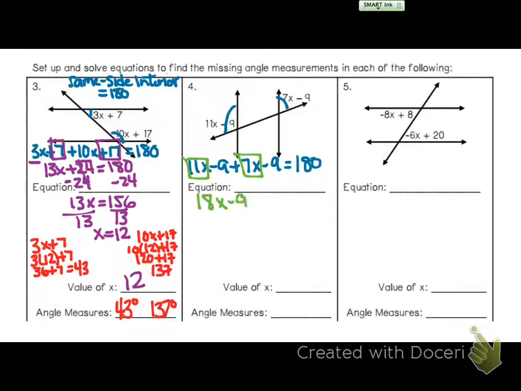Minus 9 minus 9 gives me negative 18. Try it in your calculator, negative 9 minus 9. You have two negatives, so negative 18. So 18x minus 18 equals 180.